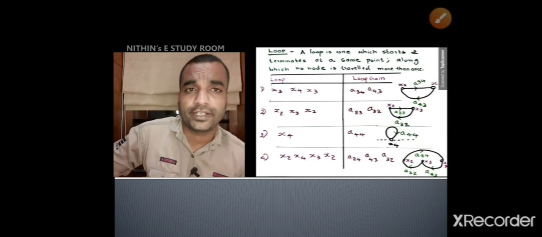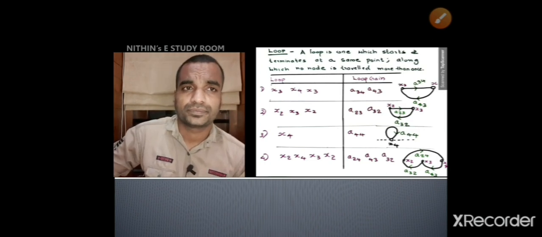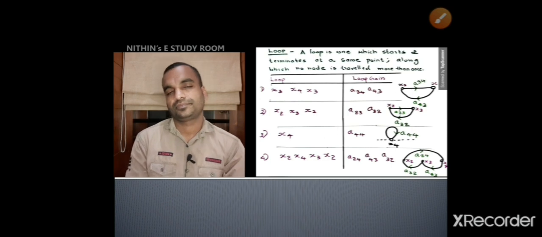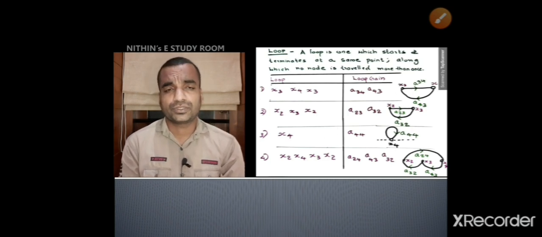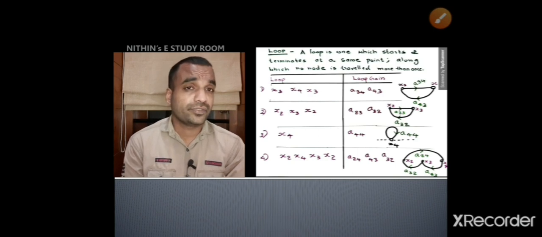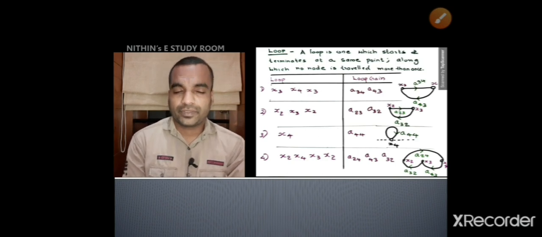Now we are defining a loop. A loop is one which starts and terminates at the same point, along which no node is traveled more than once. So a loop is not like a forward path. A forward path was a connection between input node and output node.